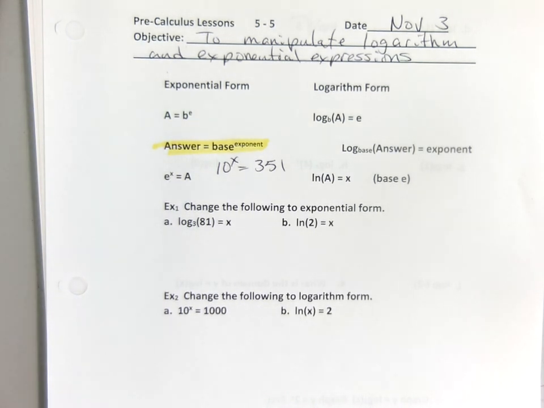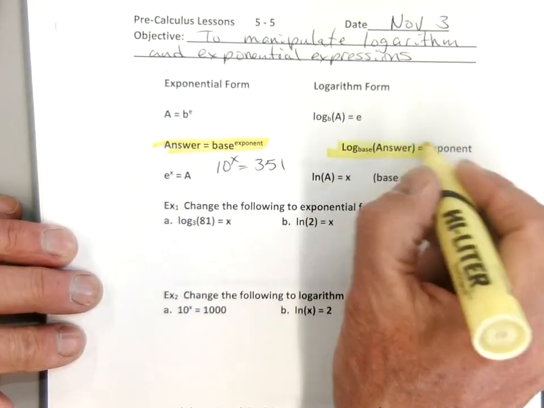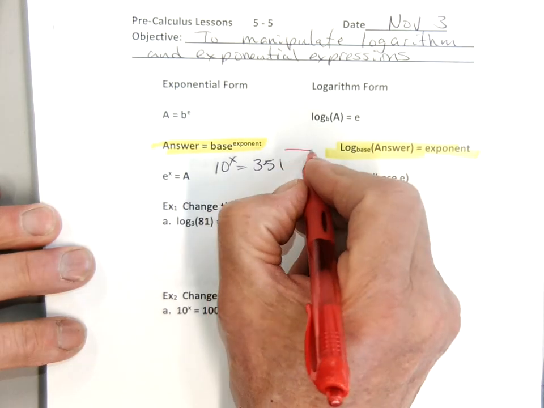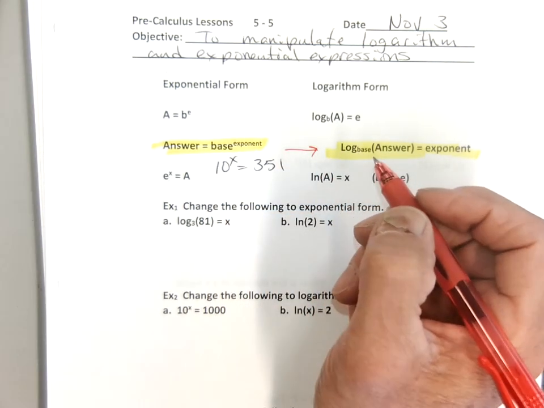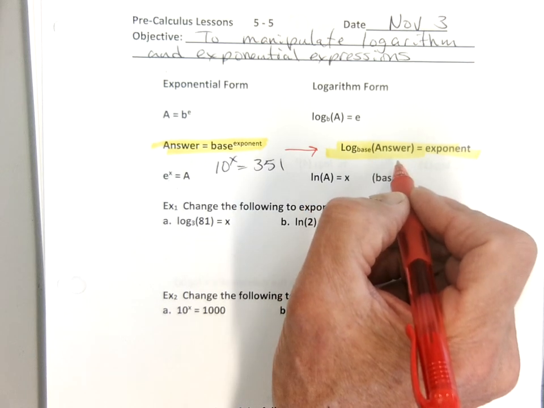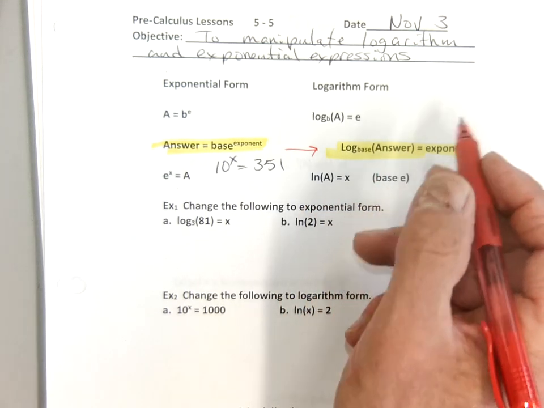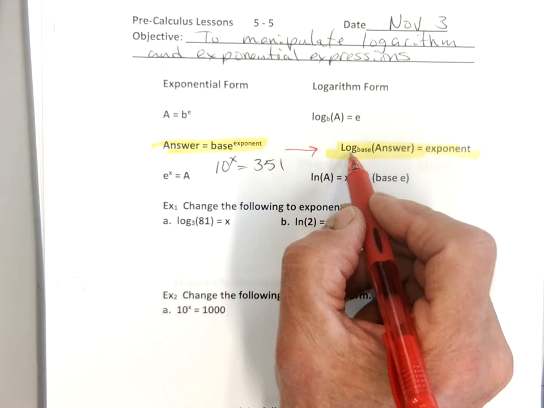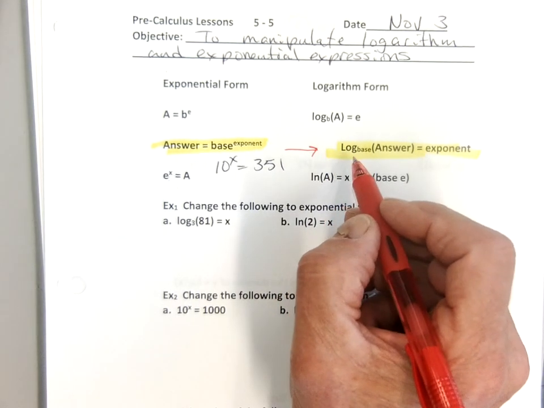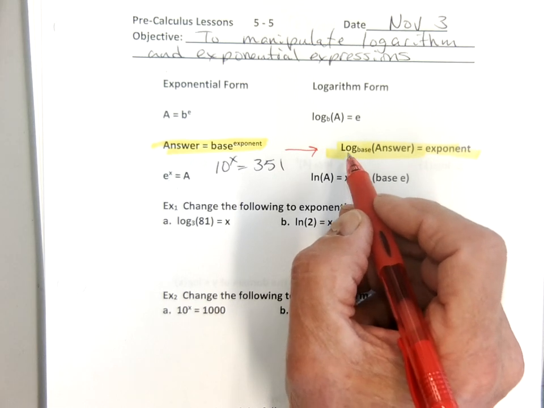Well, we can change this into a logarithm. It says log of the base of the answer equals the exponent. Log is just the word log. It means your calculator is going to take a logarithm. So it's a log of the base.